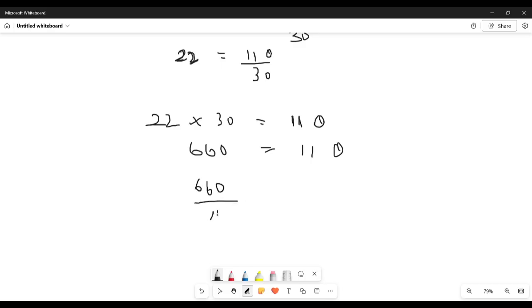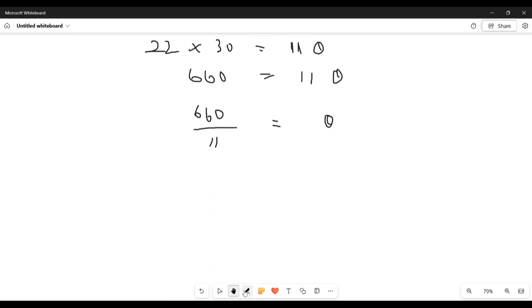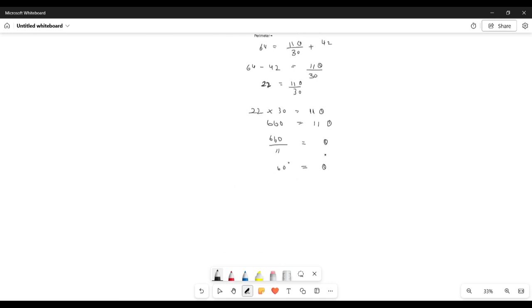It's 660 divided by 11 and we'll get the theta. So what is 660 divided by 11? I got 60 degrees. So what is the angle at the center for now? What we got was 60 degrees.